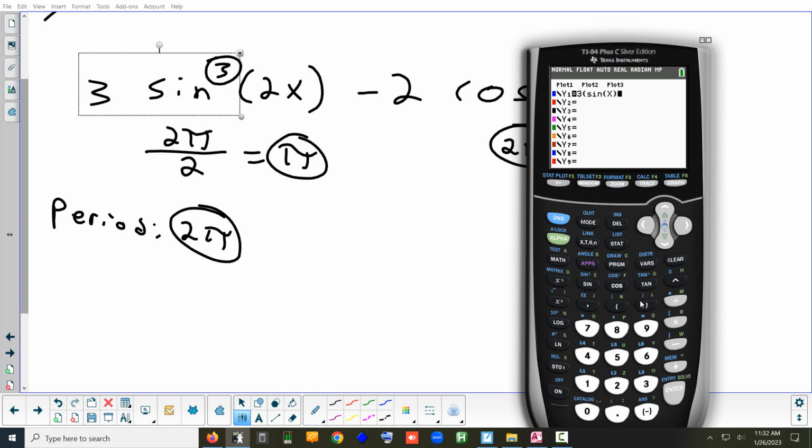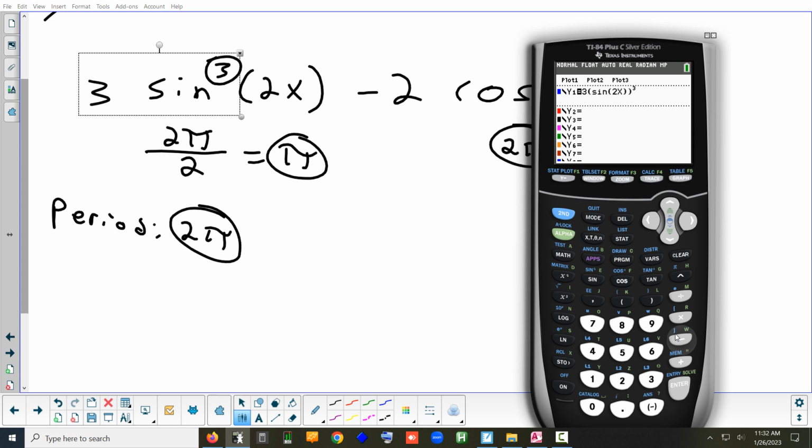I don't even know if I need that extra parenthesis, but it can't hurt. So that's going to just cube the sine 2x. It is not cubing the 3 because it's outside the parentheses. And then minus 2 cosine x.